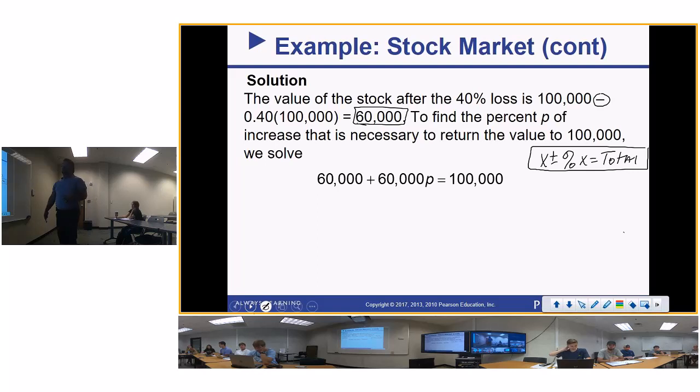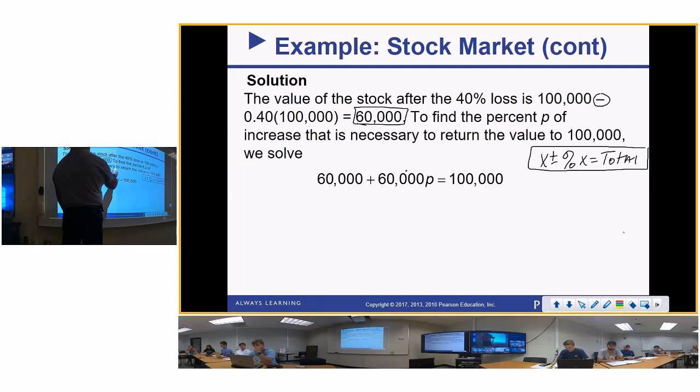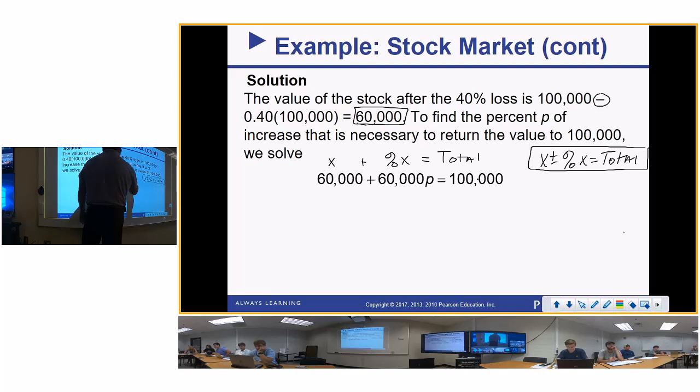You plug in the Walmart equation again. But you want to come back, so that means that it has to go back what? Up. Up is plus. So X plus percentage X is equal to the total. And that's what they're doing.